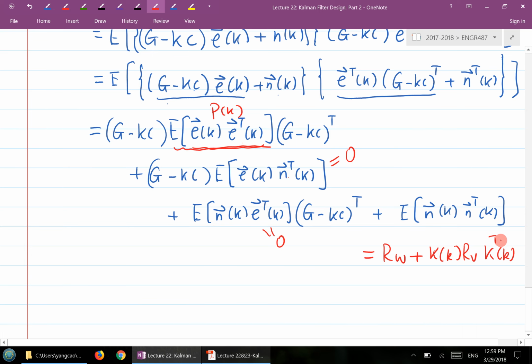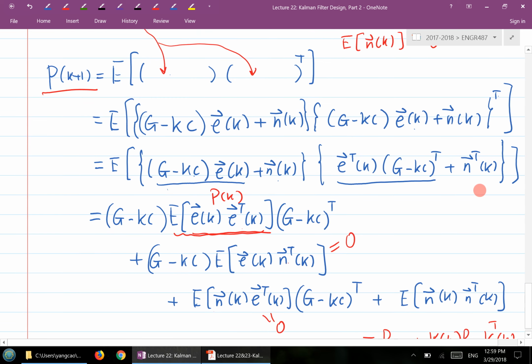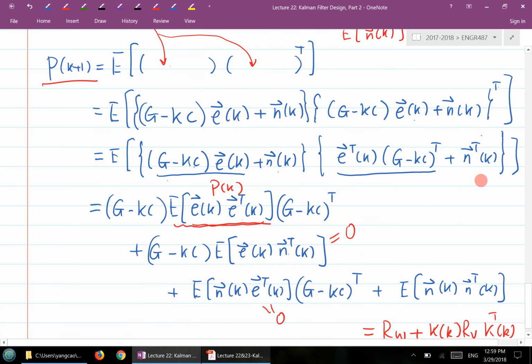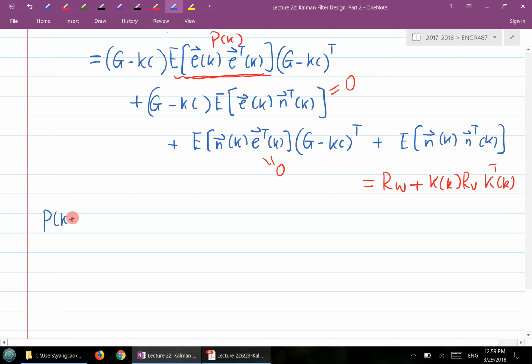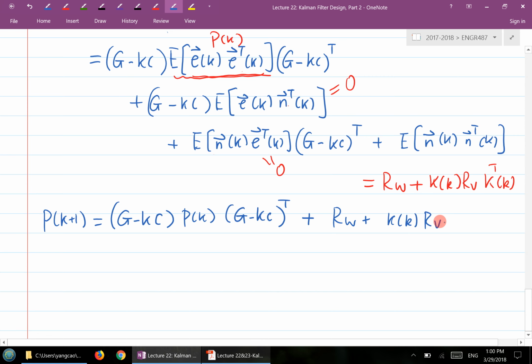So overall, your original covariance matrix for the error, which is what we're trying to minimize, and we're not there yet, can be simplified into this expression: P of K plus 1 equals (G minus KC) times P of K times (G minus KC) transpose, plus this term here, RW plus K RV K transpose.